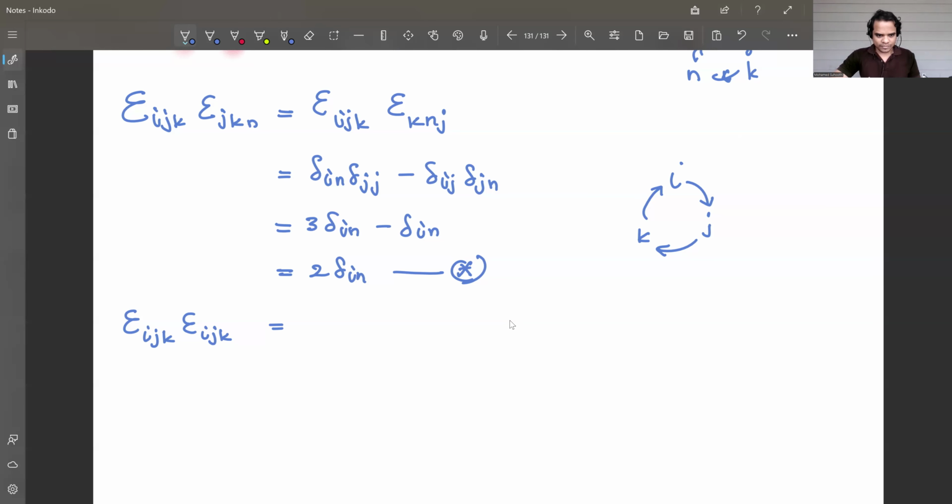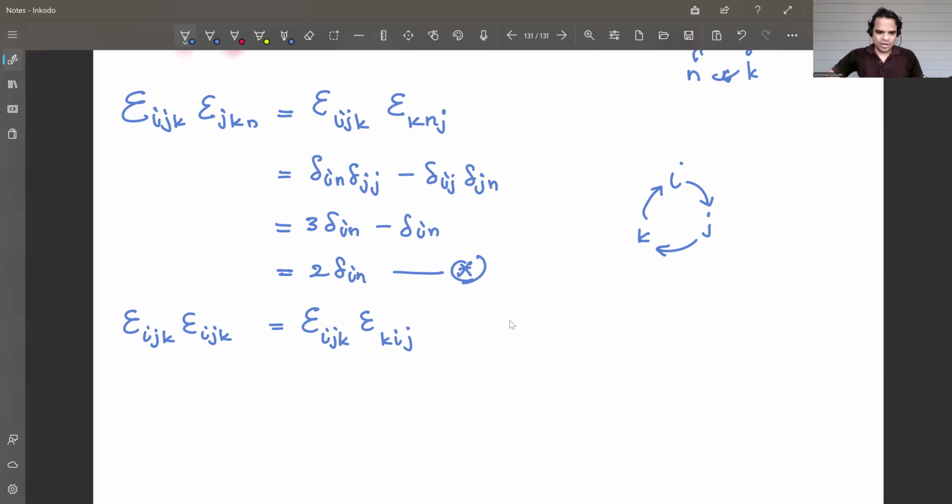or JKI, I can write any of these. So epsilon IJK equals epsilon KIJ, or JKI, anything I can write.